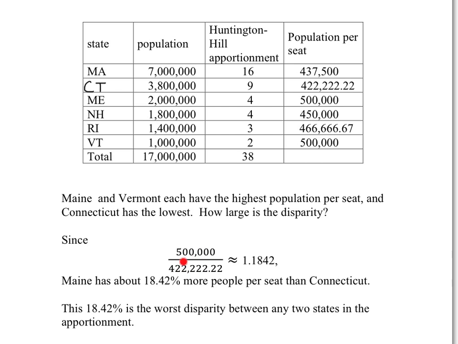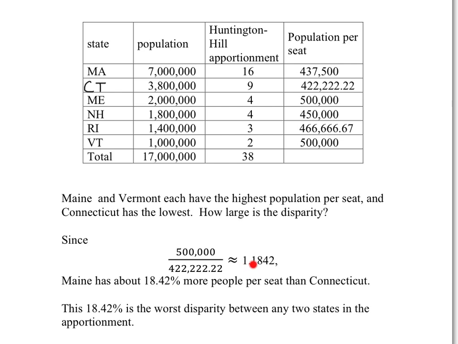Well, we can measure it in relative terms as follows. 500,000 divided by 422,000, etc., is approximately 1.1842. So how many times greater is the population of a congressional district in Maine than in Connecticut? 1.1842 times greater. So Maine has about 18.42% more people per seat than Connecticut.